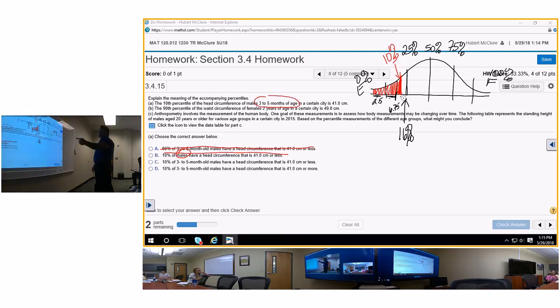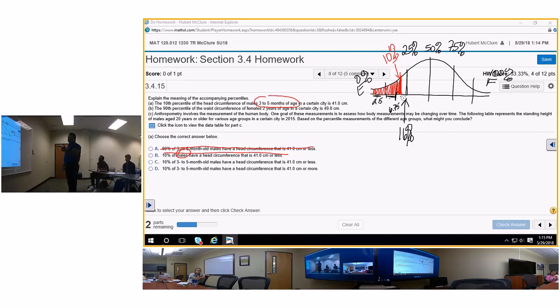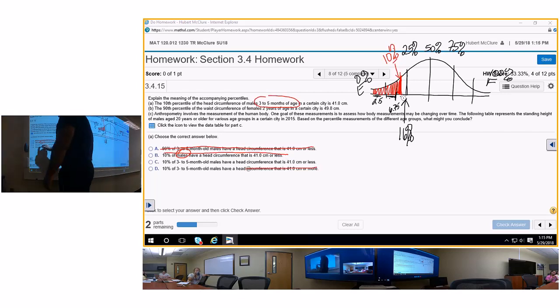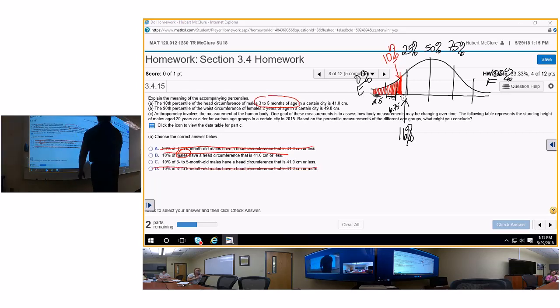So it can only be C or D. That's where they get you. Well, some of y'all said, yeah, that's right. They got you because that was a generalization. So 10% of the males have a head that is less, 10% more. Which one is it? It's less. And that's what I was trying to show you by filling in this area right here.